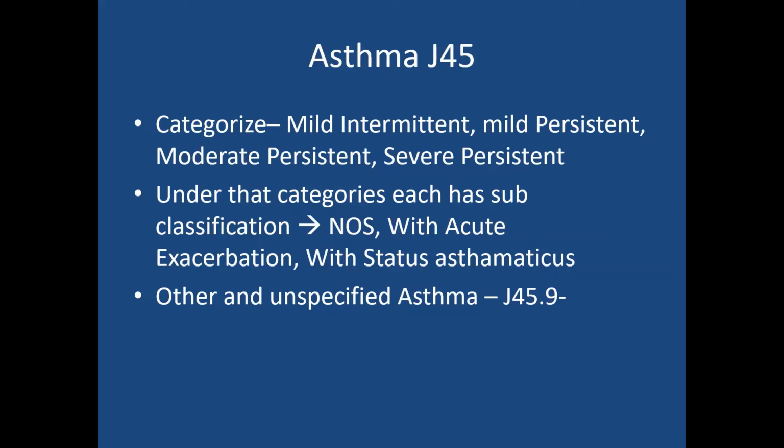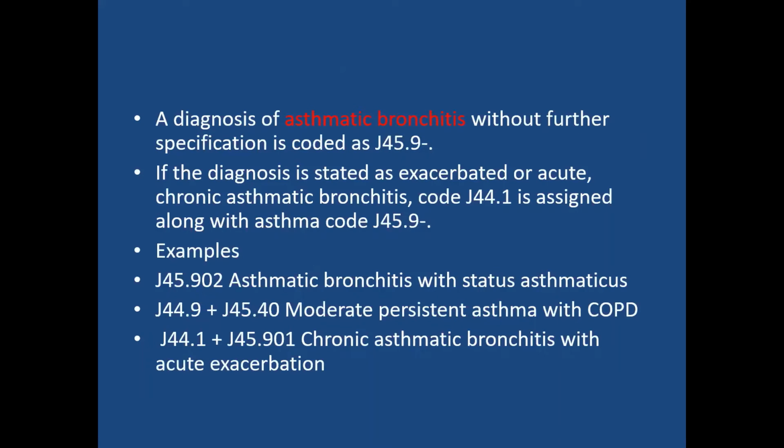A diagnosis of asthmatic bronchitis without further specification is coded as J45.9. If the diagnosis is stated as exacerbated or acute, chronic asthmatic bronchitis, code J44.1 is assigned along with asthma code J45.9.